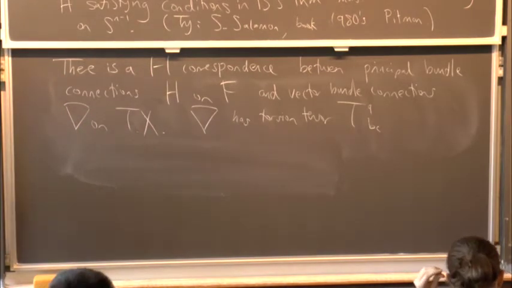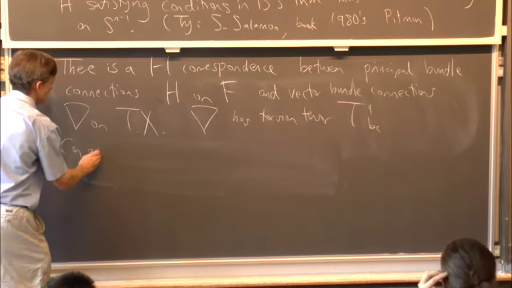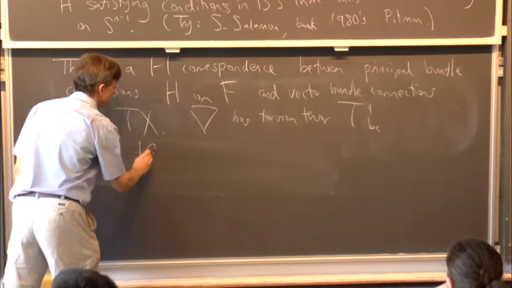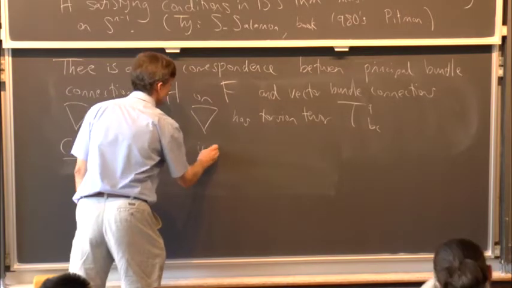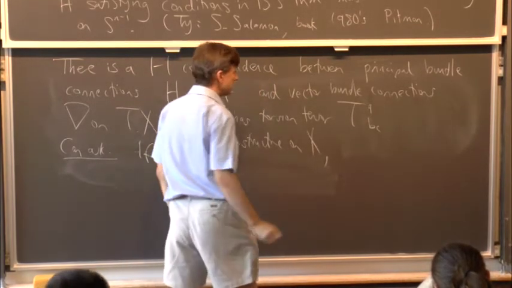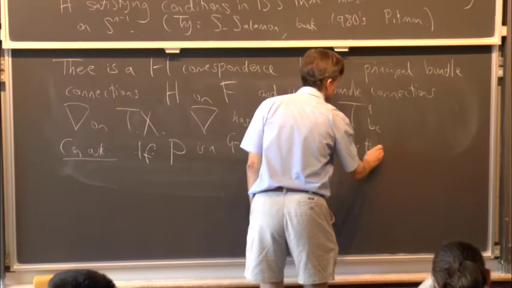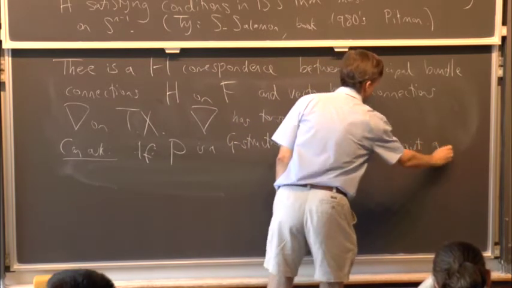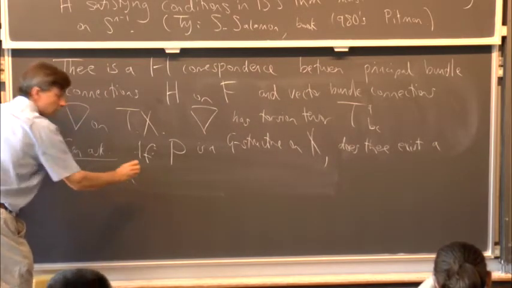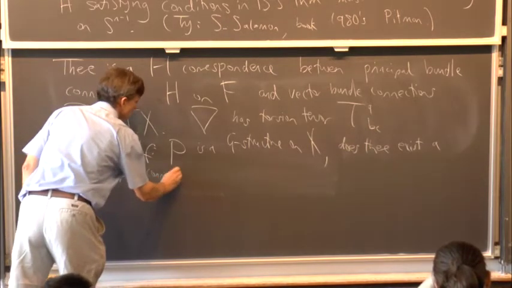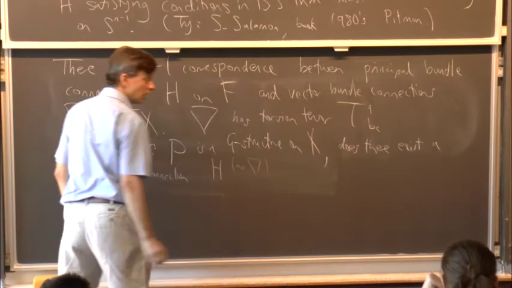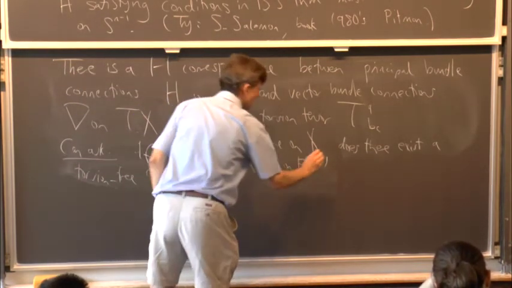So you can ask, if P is a G-structure on X, does there exist a torsion-free connection H, which is equivalent to some nabla, on F compatible with P?